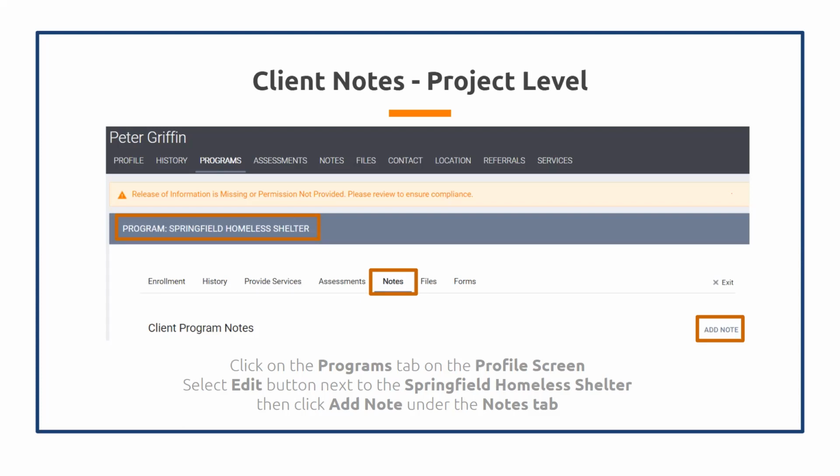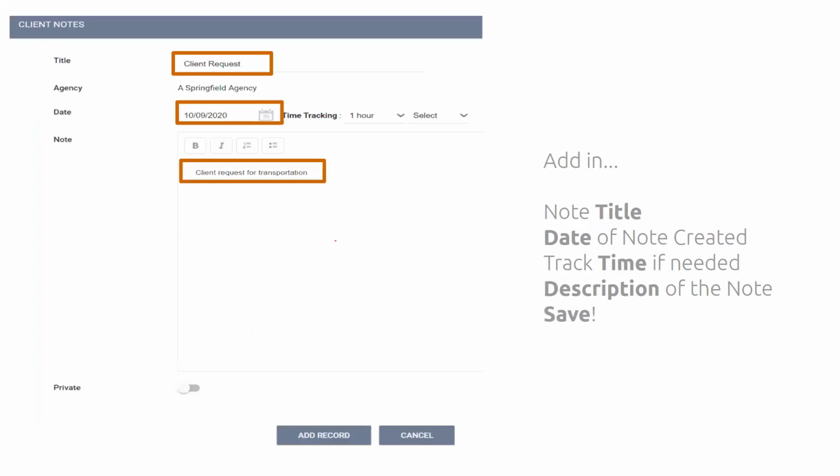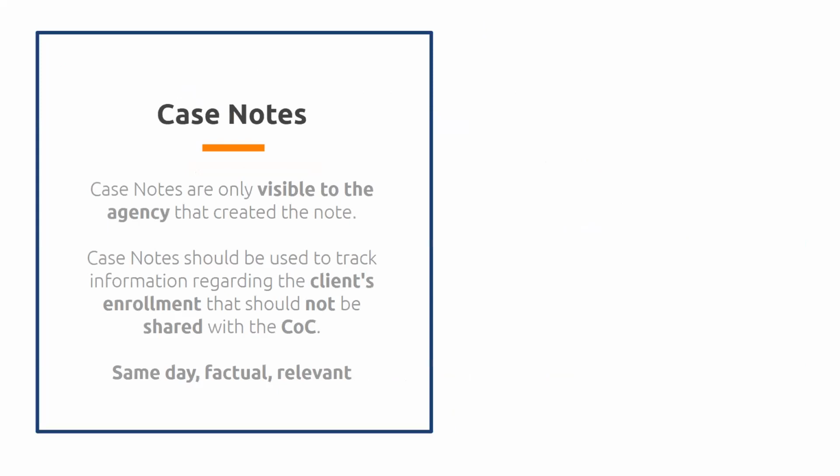And then also you click add notes under the notes tab. So the same way you would enter the title of the note, when the note was created, enable time tracking, and then also a description of the note. So I'm going to say that the client requested transportation and then click save.